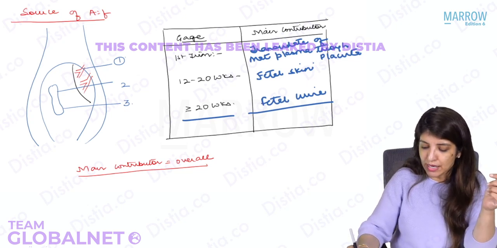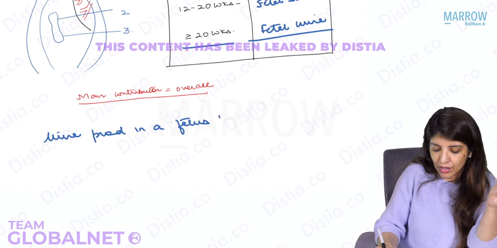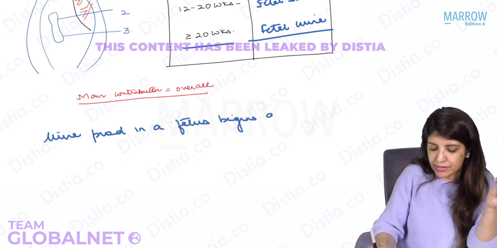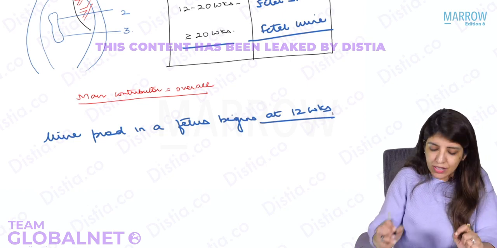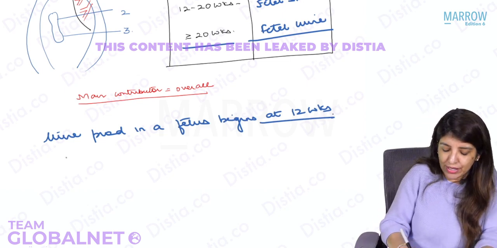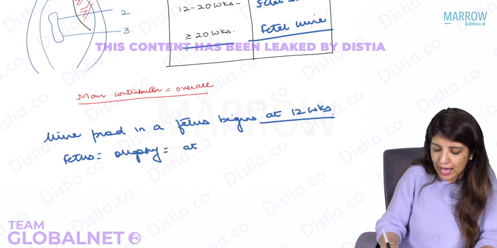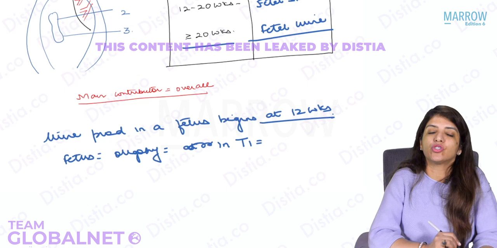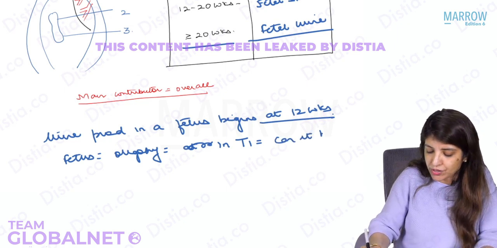Why? Because urine production in a fetus begins at 12 weeks, right? So this means that if I ask you that there is a fetus which has got oligohydramnios in first trimester. There is oligohydramnios in first trimester. Can it be due to renal defects?